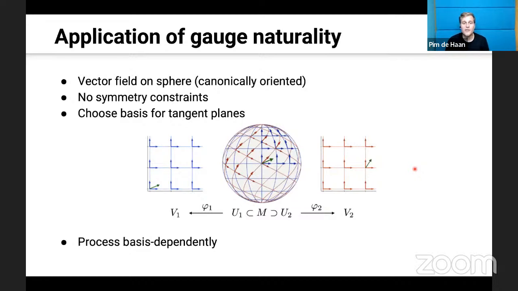This is necessary, for example, in the case of spheres, because there is no canonical, or global, way of picking a basis for all the tangent planes. So we need to pick some basis arbitrarily, express our matrix in the proper basis, and then apply it. And then naturality says that this is consistent.